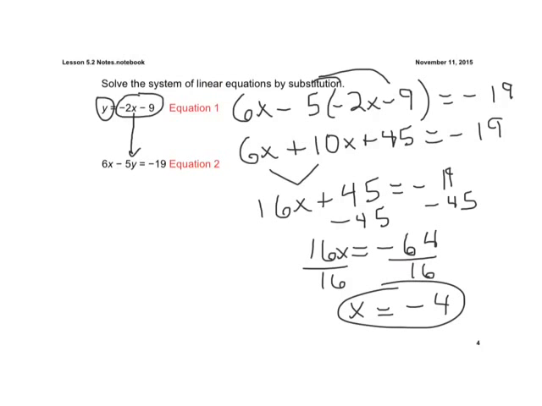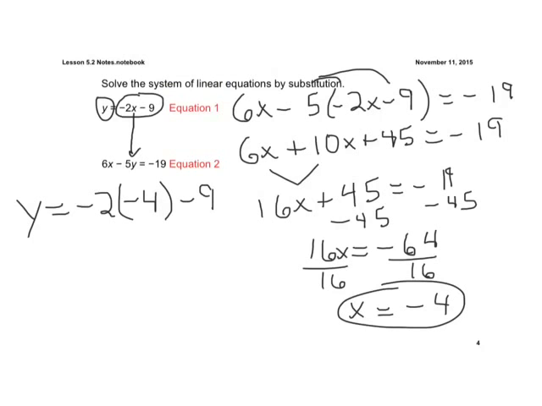That's our x value. Okay, now we need to find a y value. So step 3 says to plug that x value into one of the two equations. It does not matter which equation. We usually try to pick the more simple equation. Looking up here, I would say equation 1 is a little simpler. So let's go ahead and solve for y now. Plug x into that first equation. Negative 2 times our x value, which is a negative 4, minus 9.